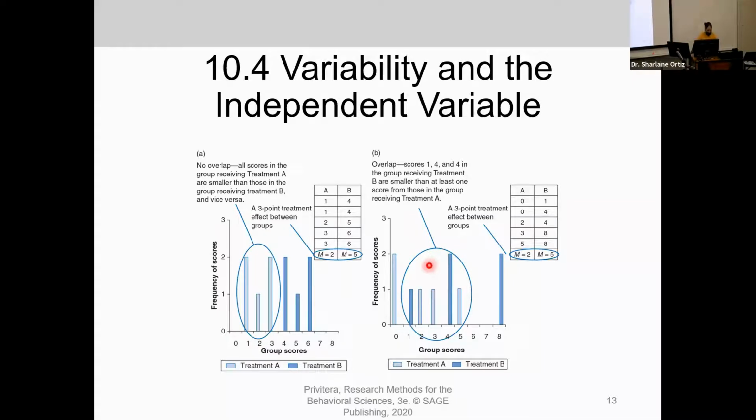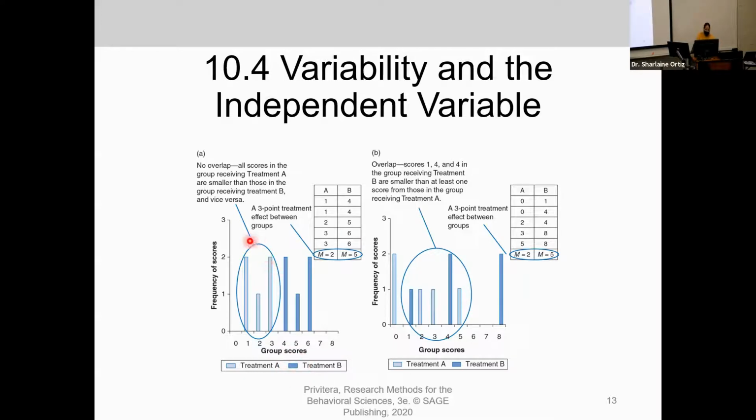So the first thing that I want you to look at is when there is no overlap in the differences in groups. For example, back to our illustration, think about general outpatient treatment A and intensive residential treatment.